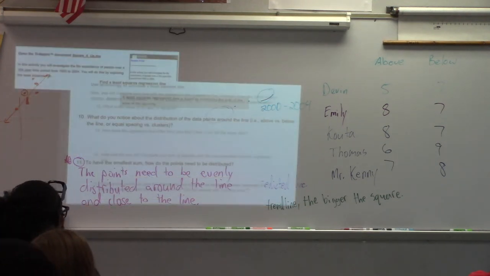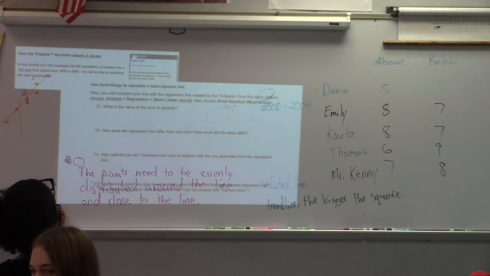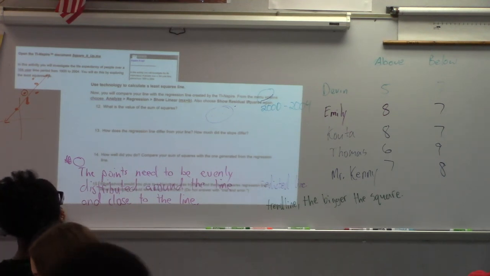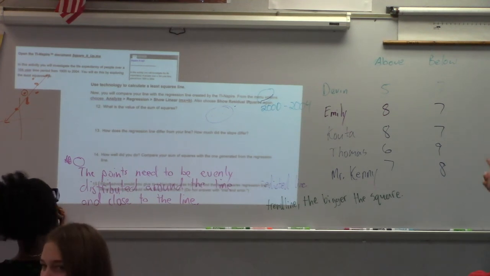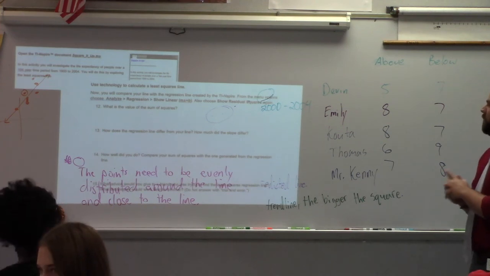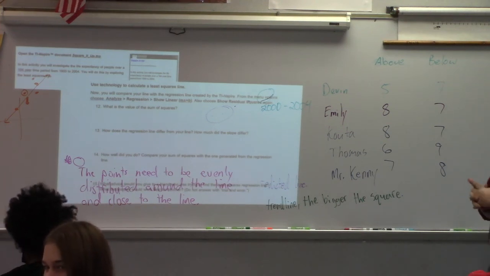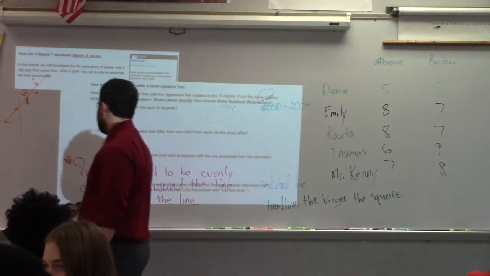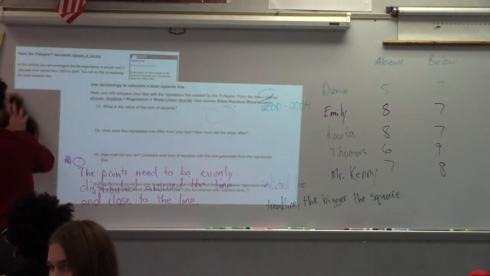And so we're looking at those sum of squares, but here's what we want to look at right now, the next set of questions, number 12. There is a least squares regression line, the absolute best one, and your calculator can tell you what it is right away. Follow the directions that are on the paper, right? From the menu options, choose Analyze, Regression, Show Linear, MX plus B. And show the residual squares again.